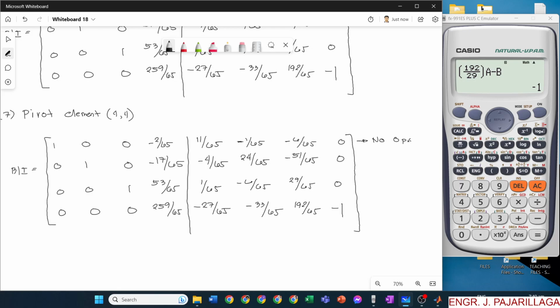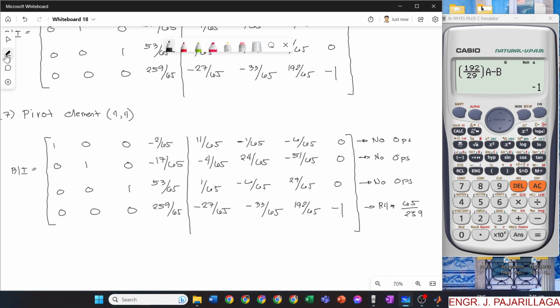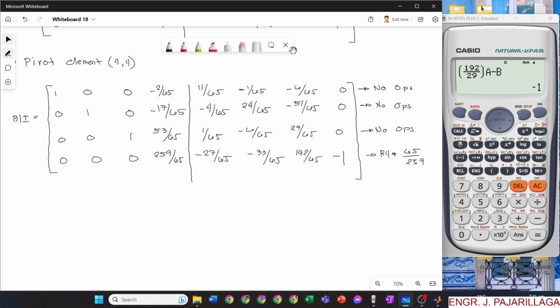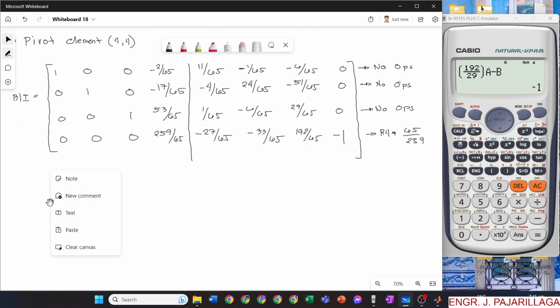No ops. Wala tayong operation for this row, and wala rin tayong operation for this row as well as for this row. Okay? But this row, meron tayong operation kasi ipapivot natin siya. So, that would be row 4 multiplied doon sa reciprocal ng element na yun, which is 65 over 259. Okay? So, i-apply natin yung pivot. So, paste ko na lang ulit and then baguhin ko si row 4.